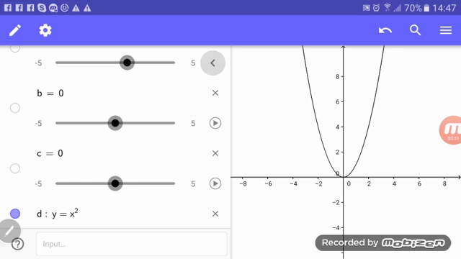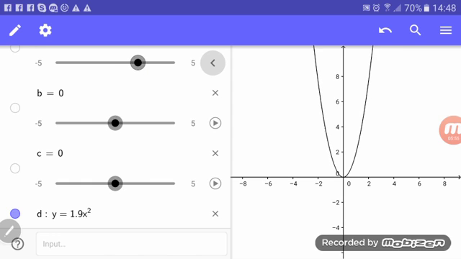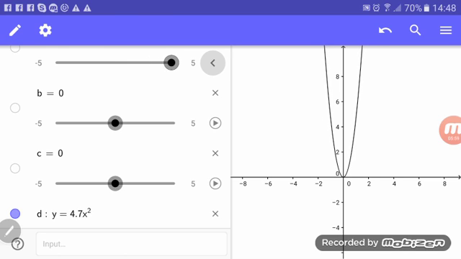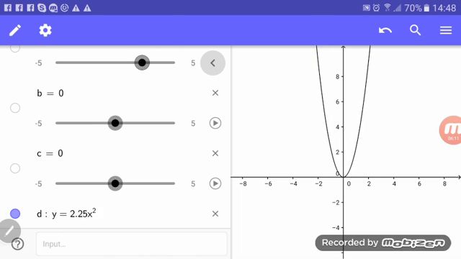What happens if we increase this from 1? So here, as our a gets bigger, our parabola gets narrower. Cool. So what happens if I put it between 1 and 0?